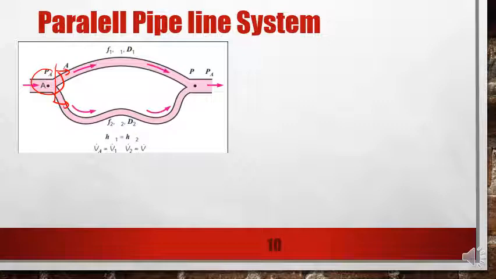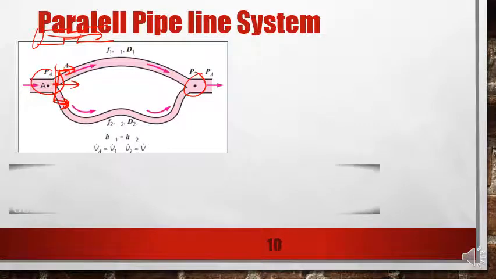It's different from the series, in which you just have one single flow path for the liquid to flow, but for parallel it has two or more. At this junction it will distribute the flow into many flow paths, two, three or more, so it is called a parallel pipeline system. And it will join again at another junction at the end here.